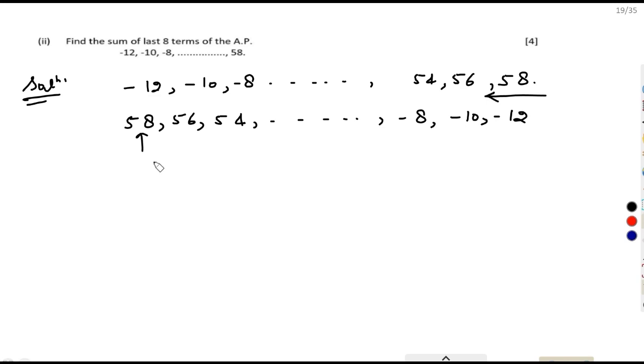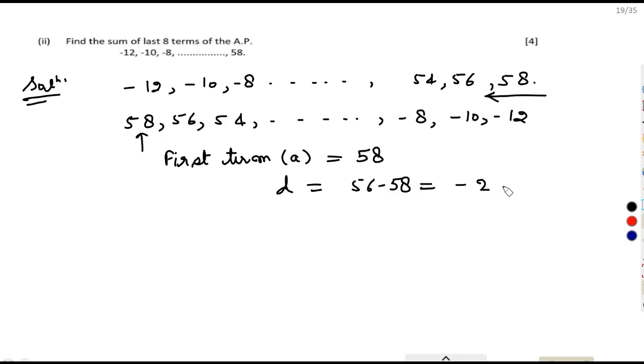For this new AP, first term A is 58 and common difference will be minus 2, and we have to find sum of 8 terms from last. It means for this AP we have to find sum of 8 terms from beginning.